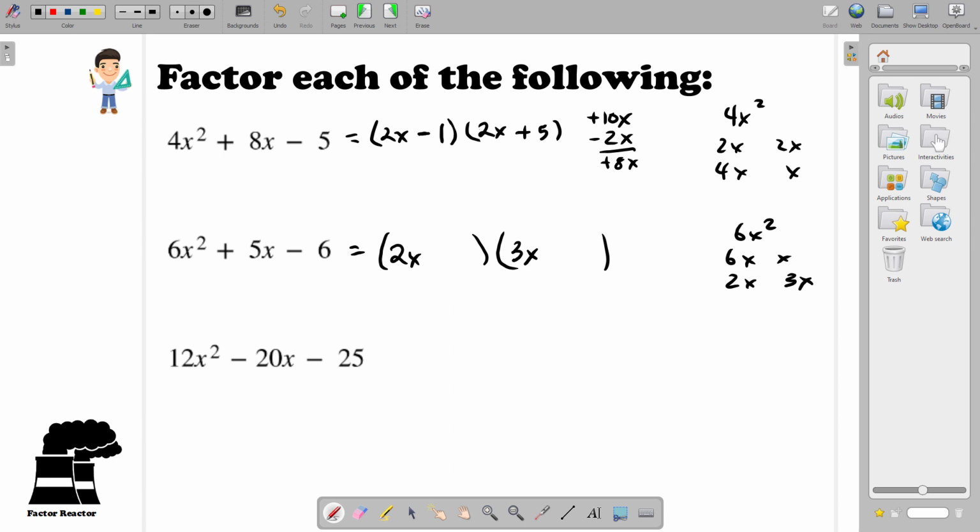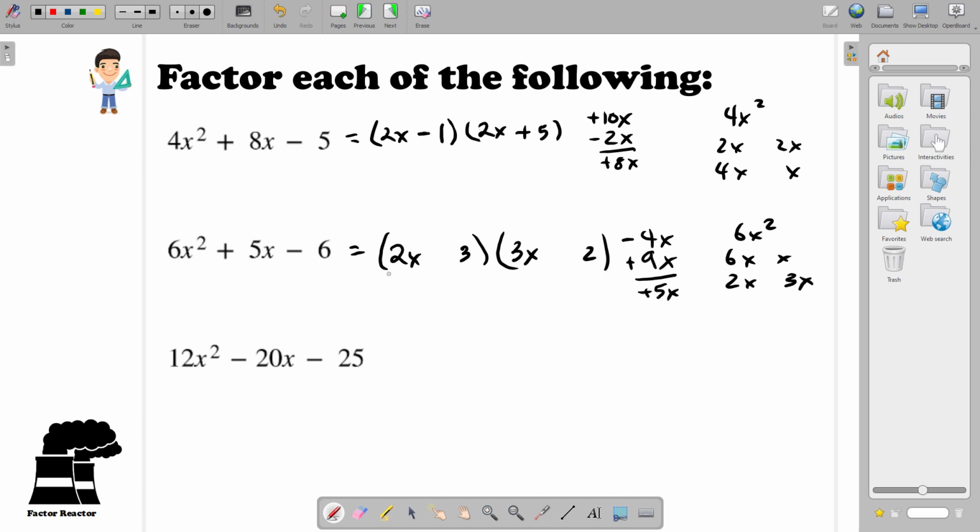Factors of 6 are 2 and 3. We'll put 3 there and 2 there, and let's see what happens. Outsides, I get 4x. Insides, I get 9x. I can get a positive 5 if I make the 9 positive and the 4 negative.